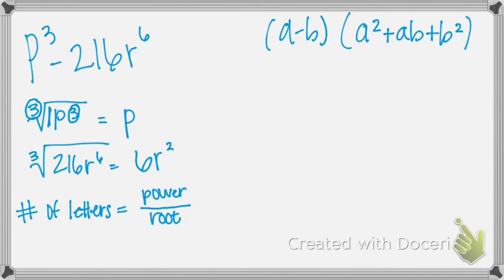Okay. So now, is P going to be A or B? It's going to be A. And 6r squared is going to be B. So take those two and plug them into your parentheses.